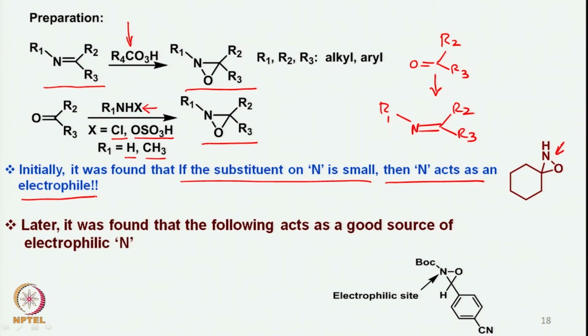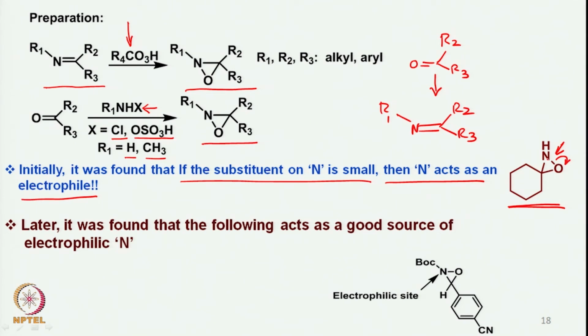So, one has to be careful, and a lot of work has been done, and as I mentioned, if we have a small substituent on the nitrogen, then there is a possibility of nitrogen transfer. That is because if nitrogen has a small substituent, then this bond can easily break and you can transfer the nitrogen.